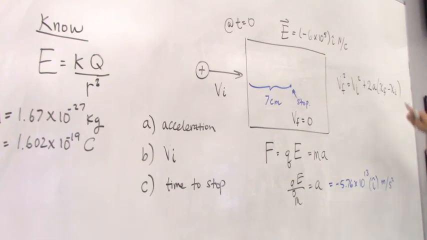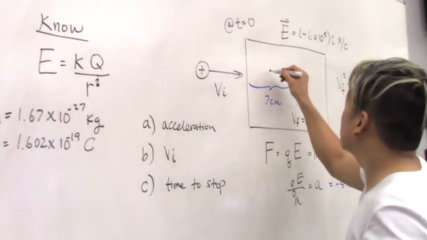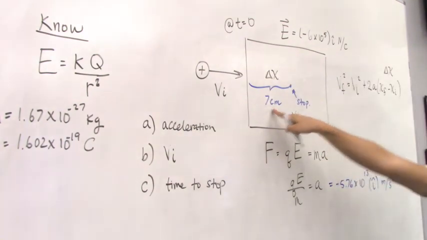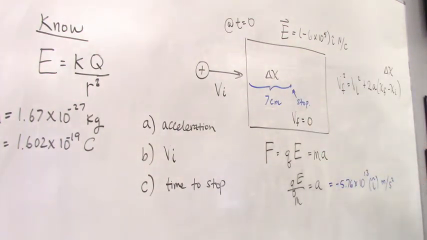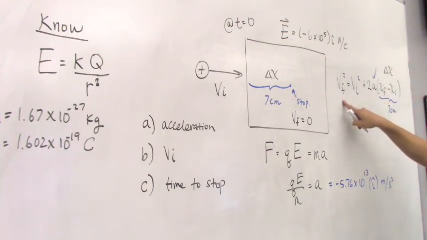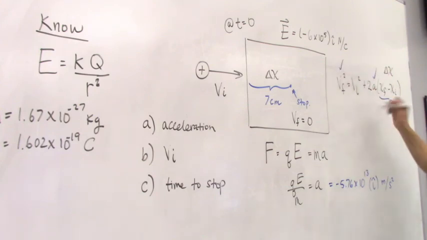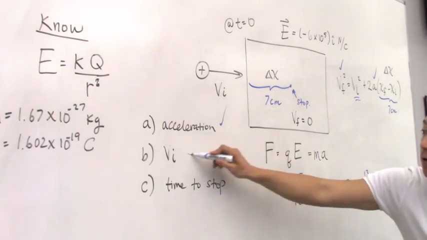Well, that delta x is 7 centimeters. That was given. We know a. We know final velocity, 0. So this is just a simple algebra question to get V initial. Cool? Makes sense? So that gets us part A and part B.